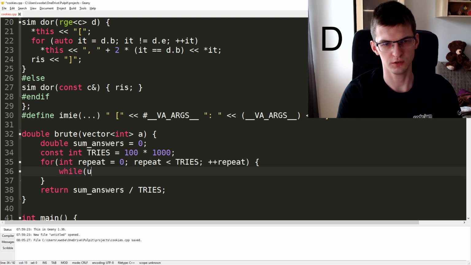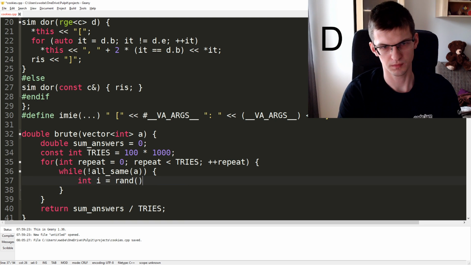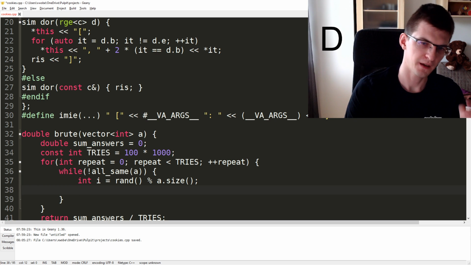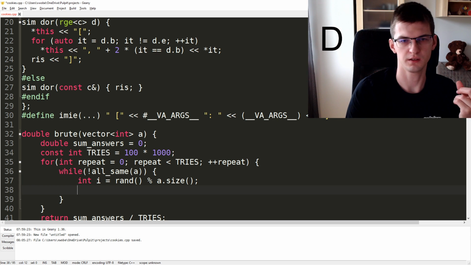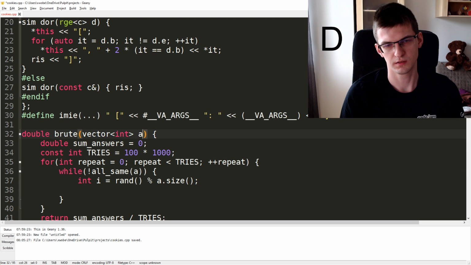While not all same, choose a random index and change it to another thing in this range. I also need, wait, that was not that.